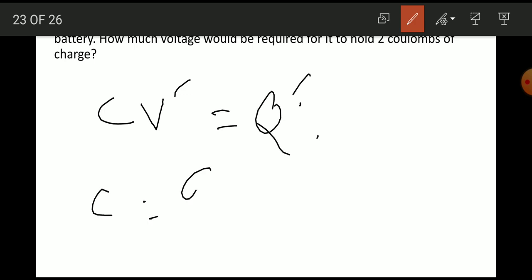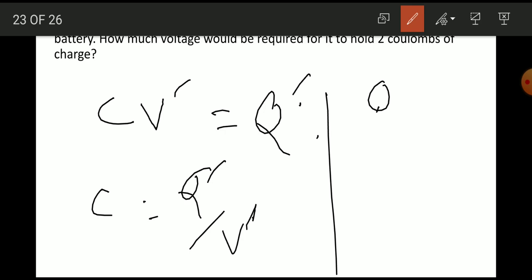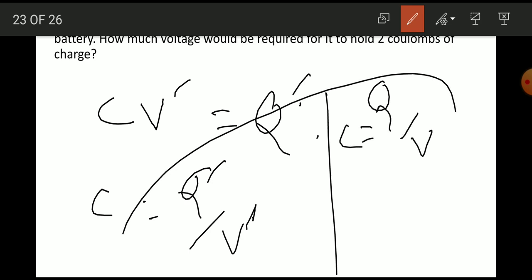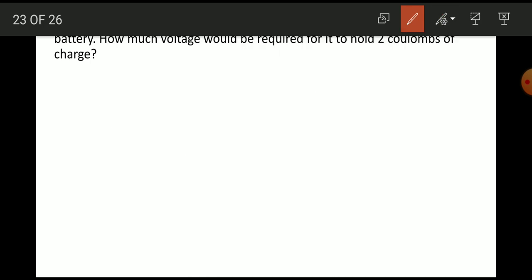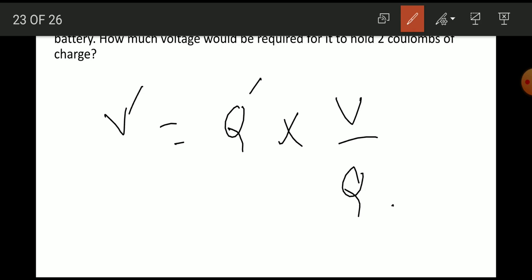So C is equal to Q prime divided by V prime, and similarly Q divided by V is equal to C. So equating these two equations you get the answer. Now V prime will be equal to Q prime multiplied by V divided by Q. Solve it.